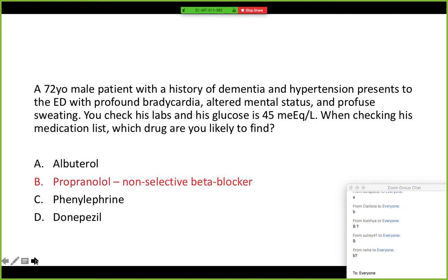So the correct answer here is going to be B. This is due to that hypoglycemic effect. So if you have somebody who's, say, diabetic and on insulin and also taking a beta blocker, the only symptom that's going to manifest from that is sweating, because if you're on a non-selective beta blocker, then you're blocking beta 1 and beta 2. Okay.